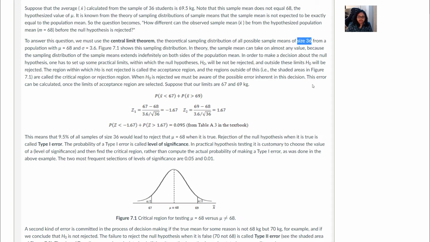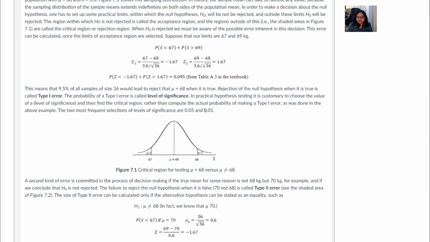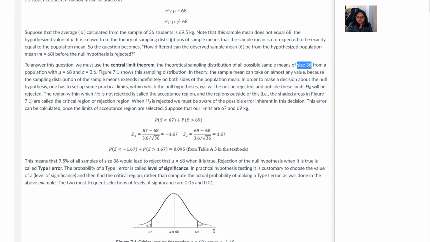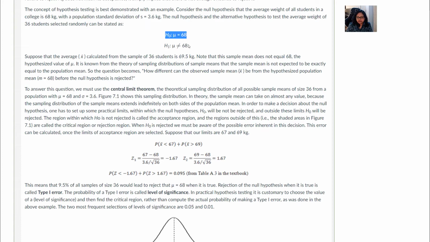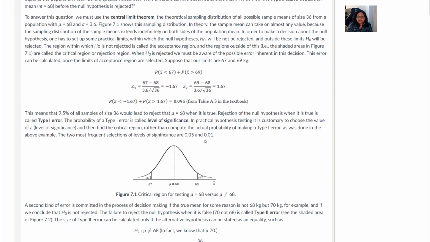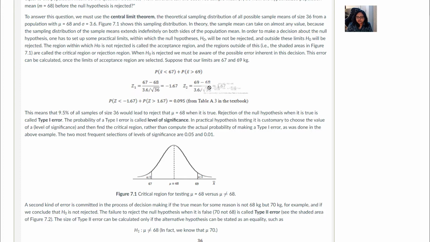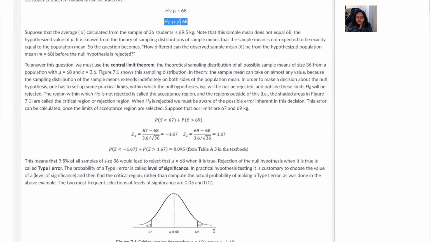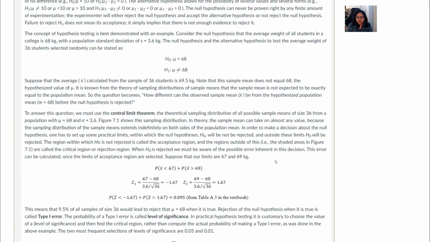Since the sample size is larger, we can use the z-test. In the z-test, since we are saying that it's 68 or not 68, that means it could be 67 or less, or more, maybe from 69. That's what we are showing in two sides. That means we are basically talking about both sides.